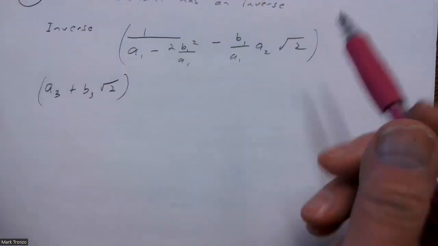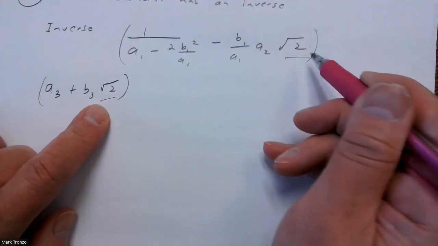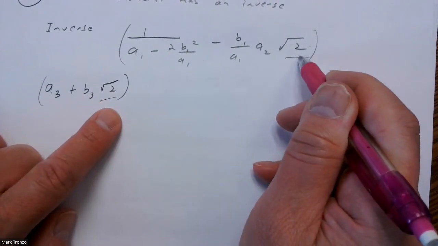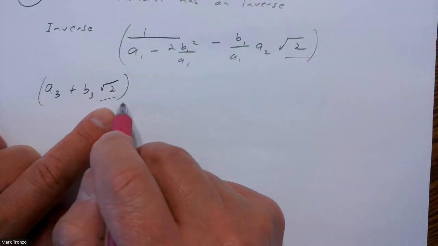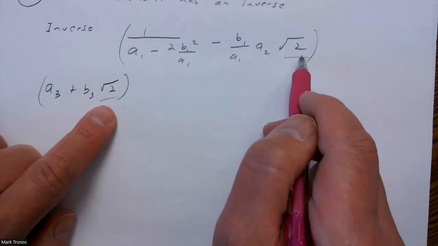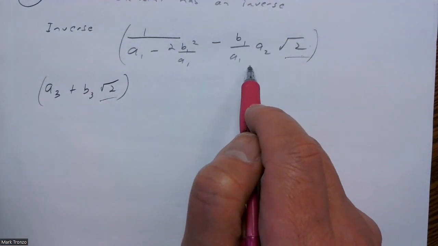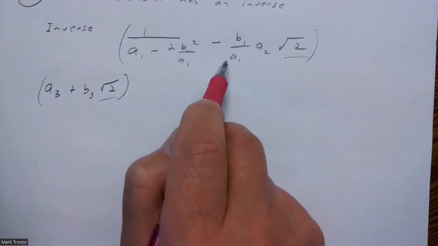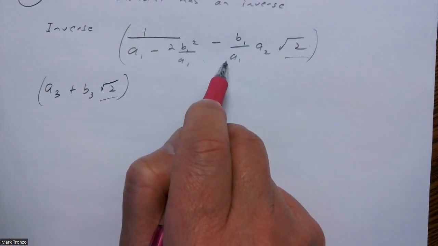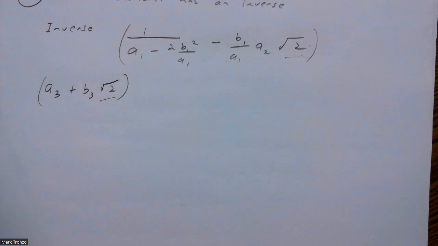In one case, we'll end up being 2, and in another case, we'll end up being square root of 2 times some numbers. So I think if we did the subfield test, if we took this times any other inverse, we would still end up with an element in the set, it looks like.